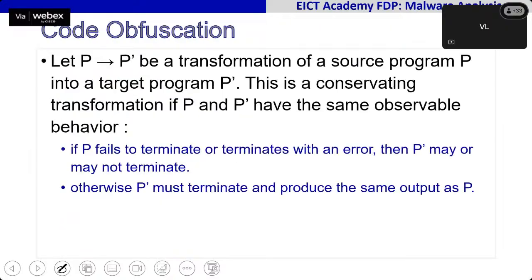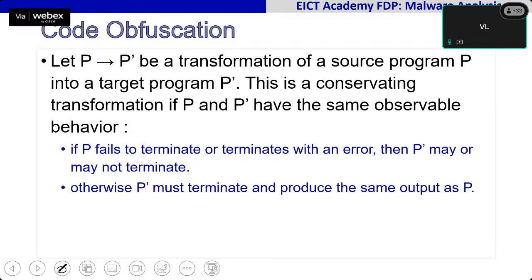Okay. Now, if P was our original code, then after code obfuscation, P is the set of instructions which is making the original code, and P dash is the set of instructions which is making the obfuscated code. So P to P dash is a transformation such that both of them will have the same observable behavior. So the outcome of both of them remains the same.